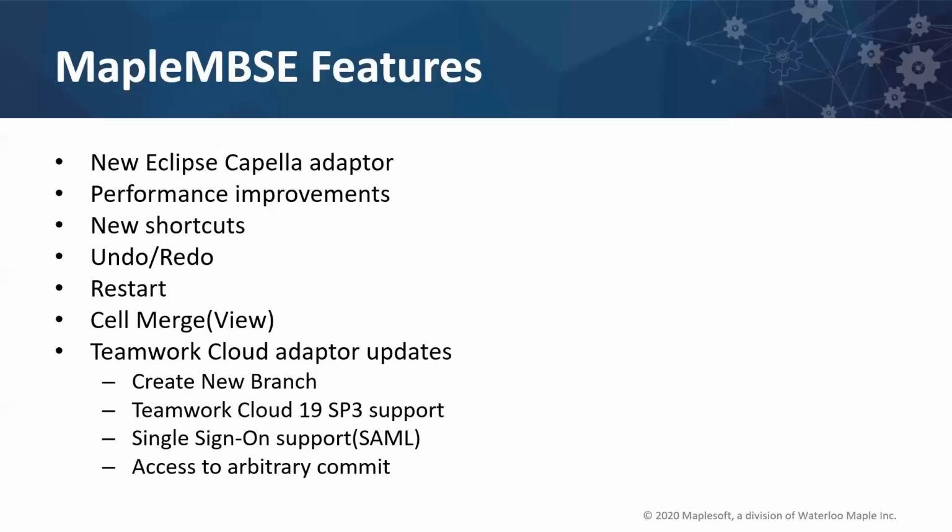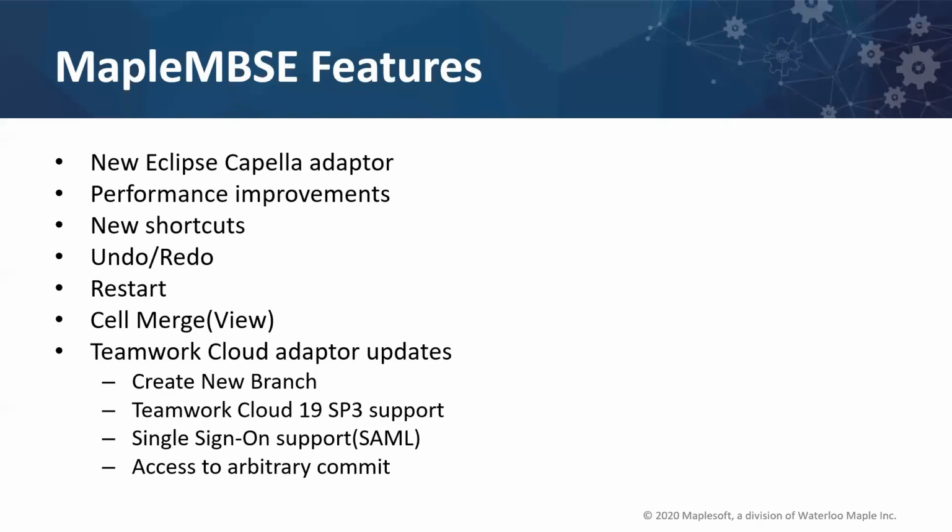And we have focused a lot on improving the performance. You'll be able to see a huge difference if you have used 2019 and compare it with 2020. There are also new shortcuts that we have added to make the whole editing process in Excel easier, like for undo, redo. These are two new additions.